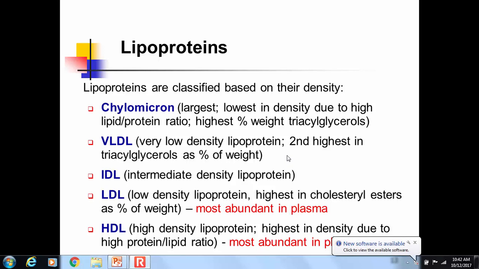And in terms of synthesis of cholesterol, the precursor of cholesterol is acetyl-CoA, right? Remember, acetyl-CoA is a very important molecule. It can be utilized for synthesis of cholesterol, and what other lipids can be synthesized from acetyl-CoA?